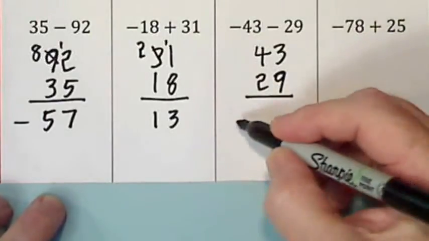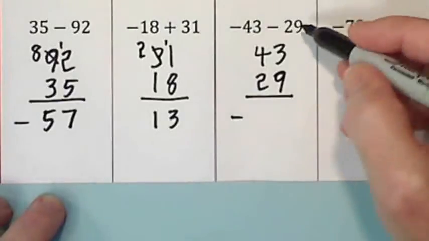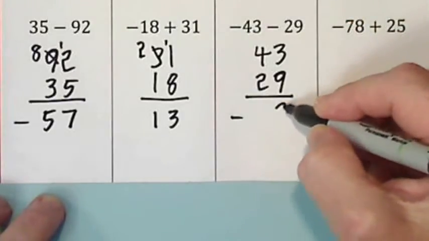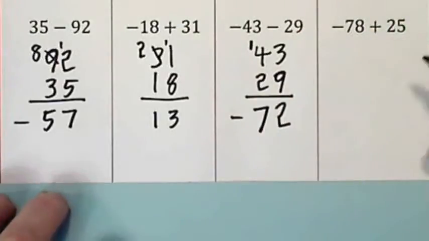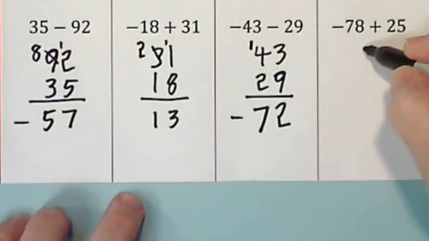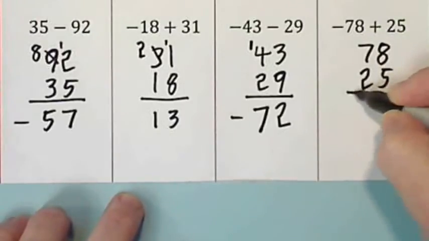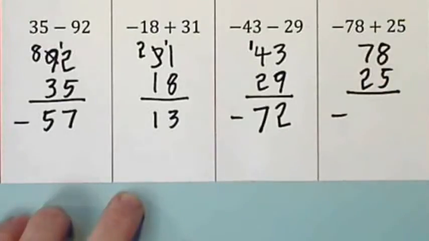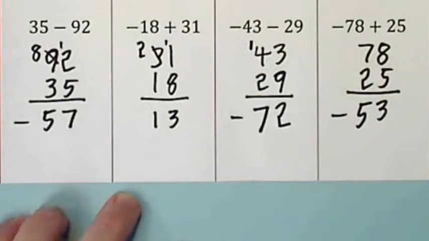And we'll keep the sign. So the answer is going to be negative. Again, don't put the operation sign there. Cause confusion. And for the last of these four, signs are different, subtract. The answer will be negative. And we get negative 53 for that.